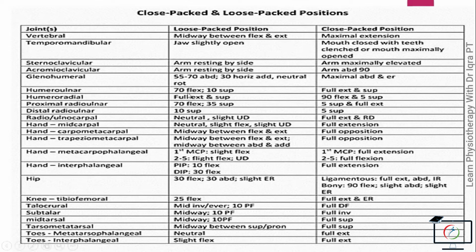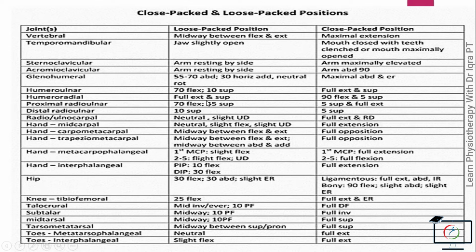In humeroulnar joint, 70 degree flexion and 10 degree supination is the loose back position, while the full extension and supination is the closed back position.